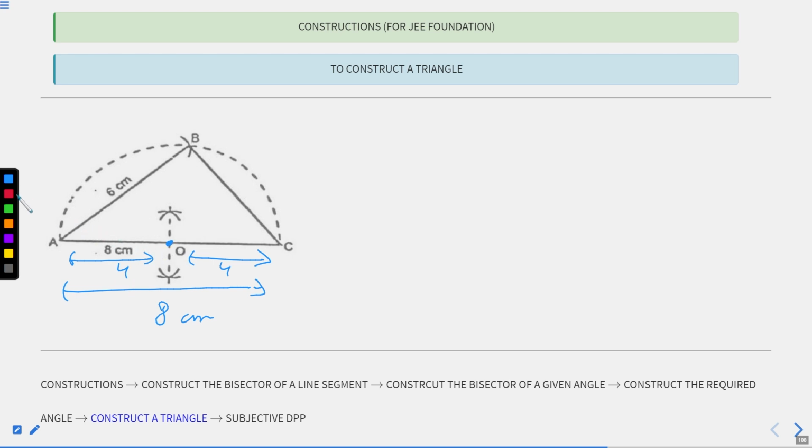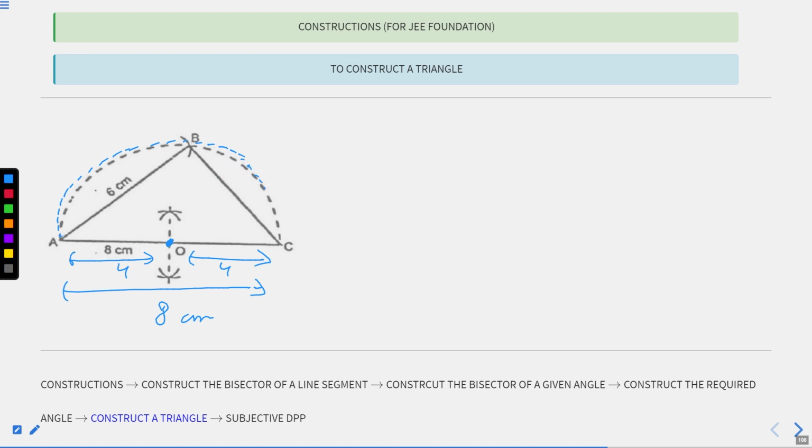Now what will I be doing? Taking O as the center and putting the other end of the compass at A, I make a semicircle like this. As O is the center, the radius of the semicircle is 4.